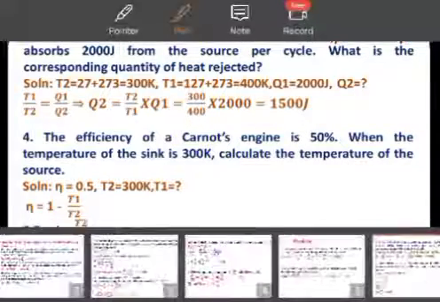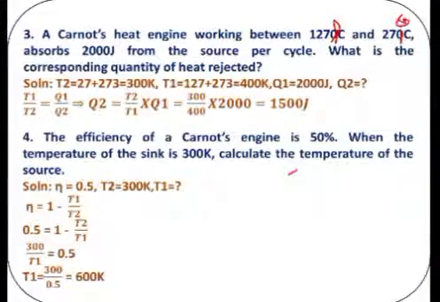So a Carnot's heat engine working between 127 degree Celsius and 27 degree Celsius absorbs 2000 joule from the source per cycle. What is the corresponding quantity of heat rejected?